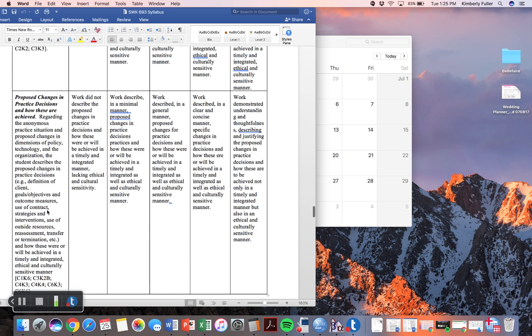And then I would talk about the different goals and objectives and interventions that I might change in order to help that client system. So perhaps I would change my goals and interventions to be inclusive of family sessions and one-on-one parent sessions to talk about what it means to have a lesbian child. Perhaps I would link that person to outside resources that were more helpful, like the LGBT Center.